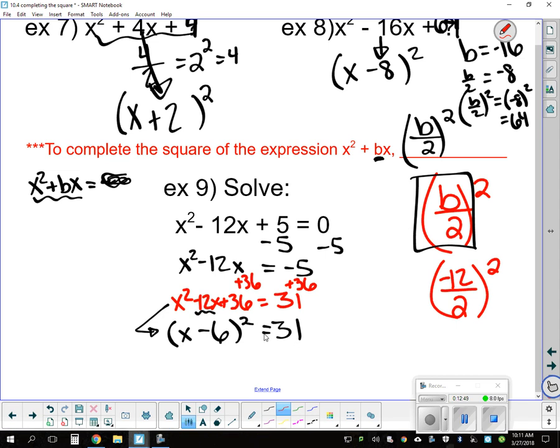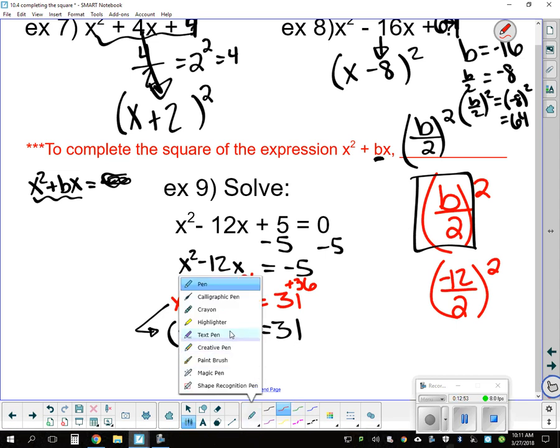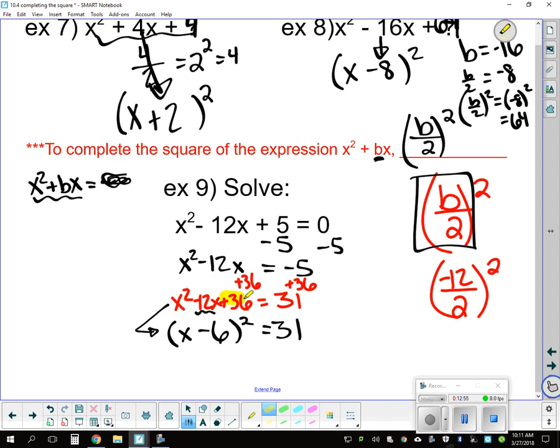So really understand this here. The number that you are adding in my red step, the number that we're introducing into the problem, that is b divided by 2 squared. Then when we go to write it as the perfect square here, the number that you have here, the shortcut, is just b divided by 2. So these are like your two things you really need to understand.